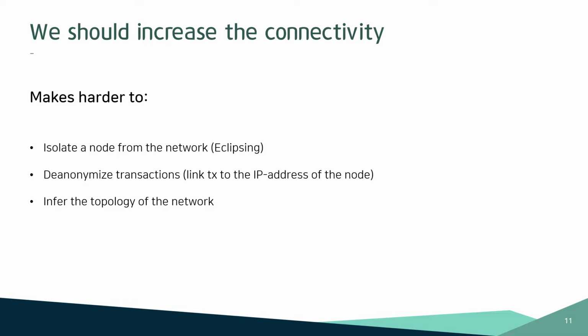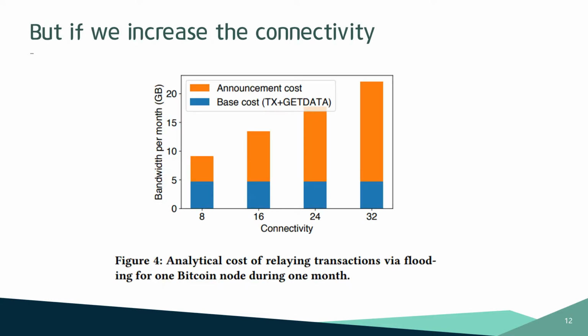In other words, privacy and security are strengthened if we increase connectivity. But if we increase connectivity, the announcement cost increases linearly, as in this figure. So we have to solve this problem nicely with some method.